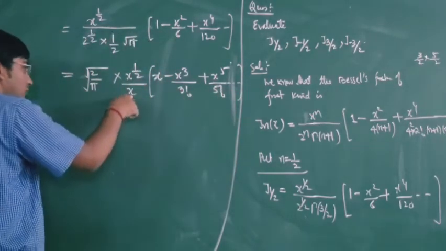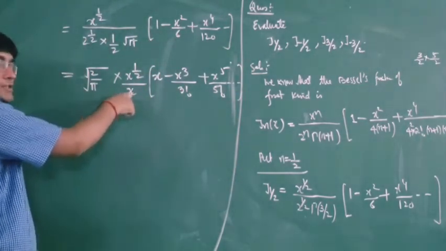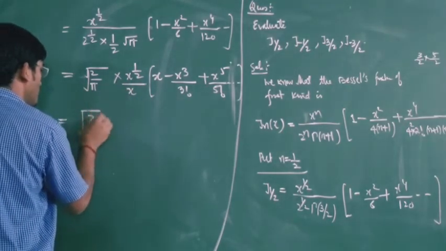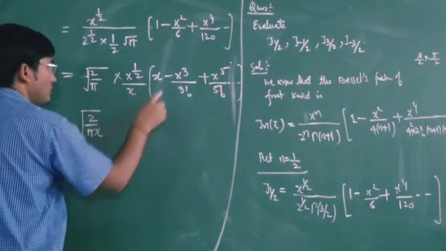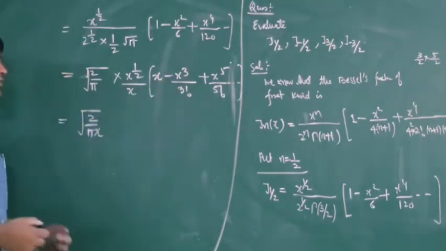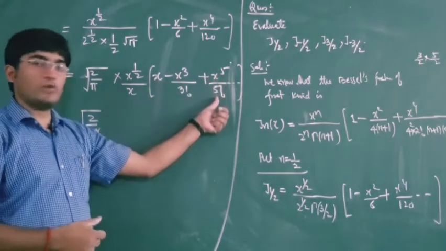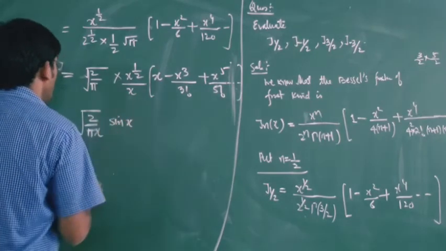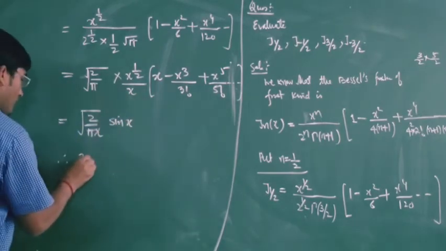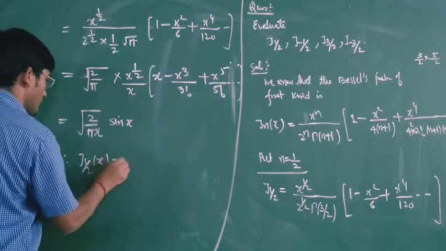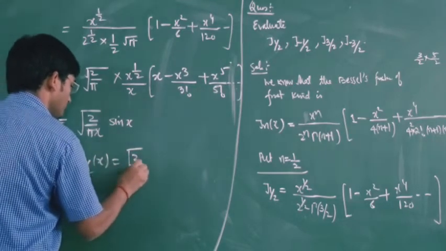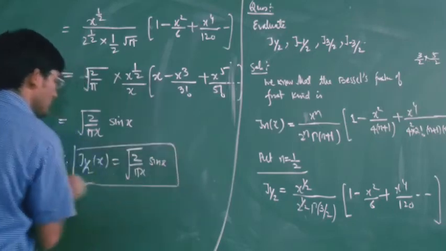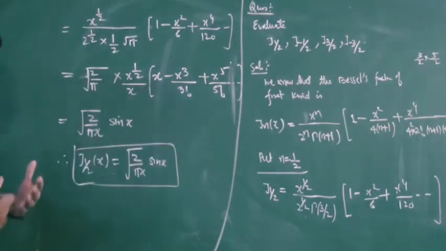Now this can be written as root x whole square, so this is root x. So this is equal to root 2 upon pi x. Now this bracket, x minus x cube upon factorial 3 plus x power 5 upon factorial 5, is sin x. Therefore our J half of x is equal to root 2 upon pi x into sin x. So this is the value of J plus half.